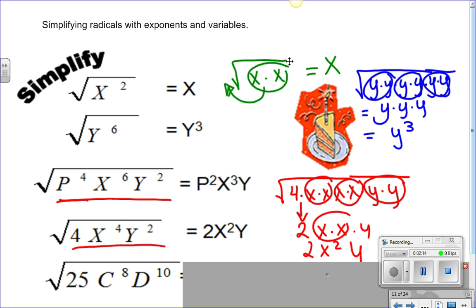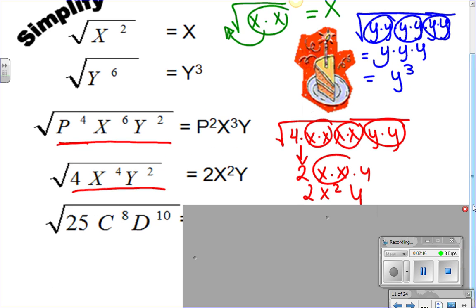Okay. I think it's important to look at if we have an odd exponent. So let's make this 11 instead of 10. Okay, so we've got 25 times c to the 8th times d to the 11. So 25, of course, the square root of 25 is 5. We know c to the 8th is going to become c to the 4th when it comes outside the radical. D to the 11th, so 11 is an odd number, right?